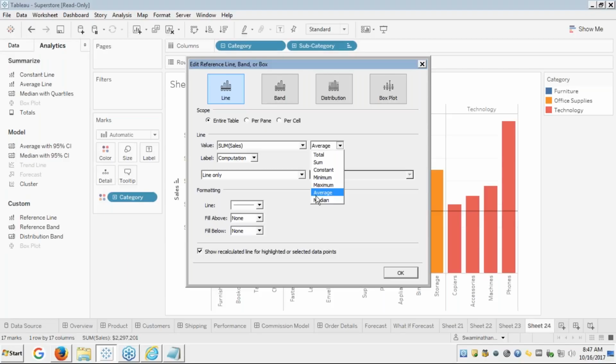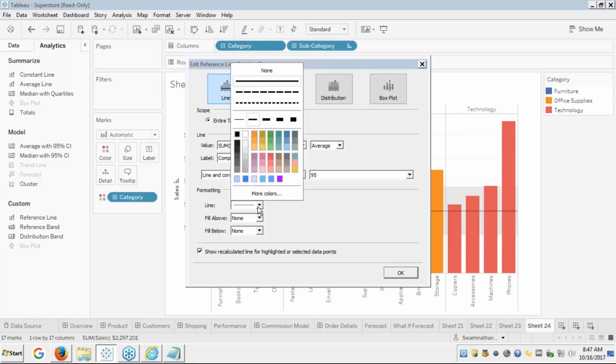Either you can choose average or median or maximum or minimum. For now I am keeping it as average. I want a line and a confidence interval, both. The confidence interval is plus or minus the actual value, so it can go up or down based on the confidence interval. I can choose that.